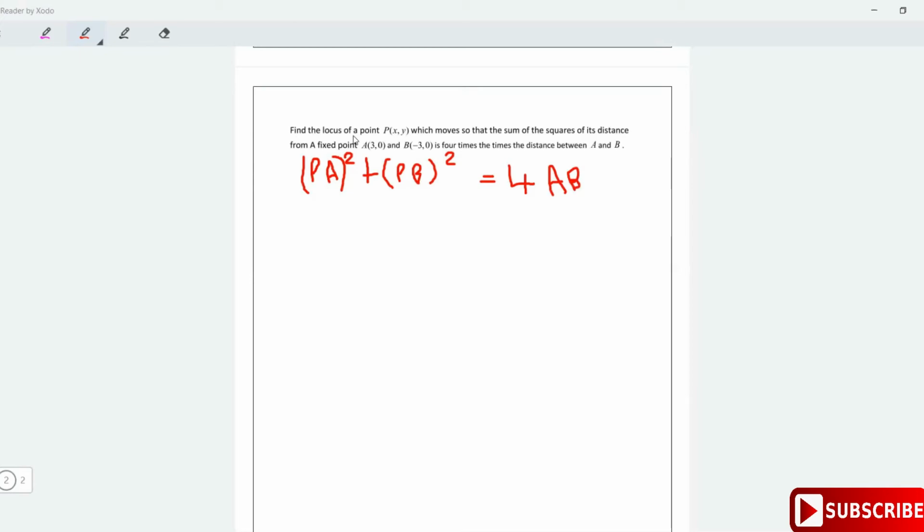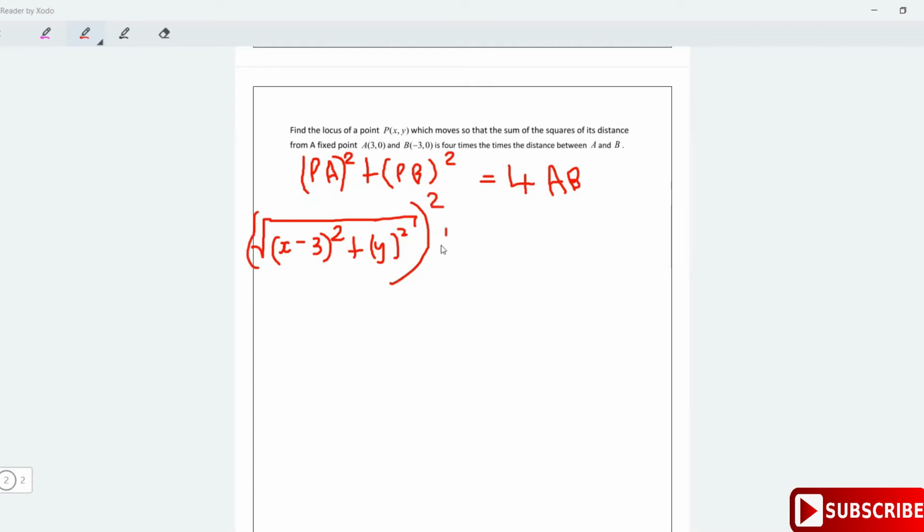Now P is the point (x, y), so PA is the square root of (x minus 3) all squared plus (y minus 0), which is just y squared. But remember, PA is being squared.